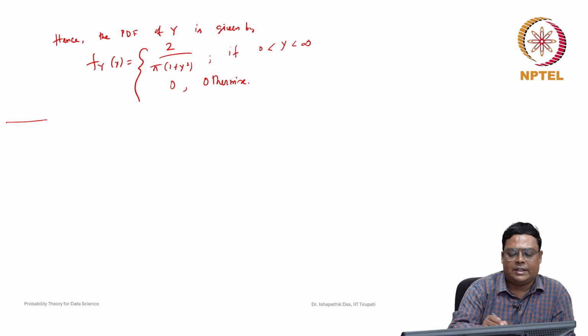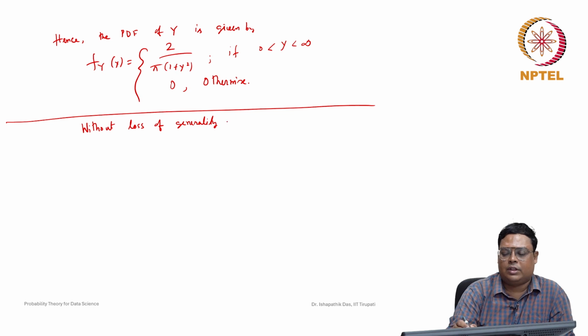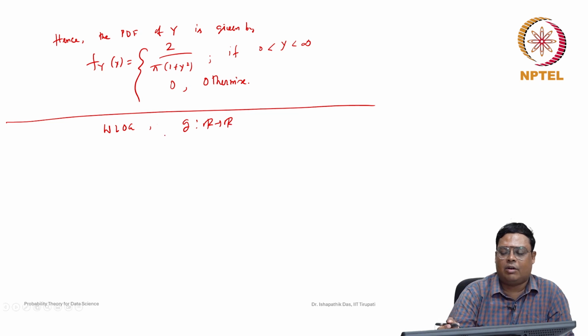This theorem says that, without loss of generality, let us assume that g from R to R is either strictly increasing or decreasing.